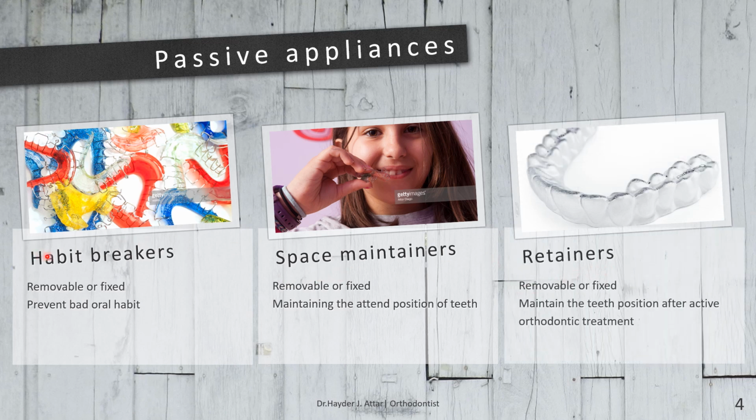The habit breakers are removable or fixed orthodontic appliances used to prevent bad oral habits such as thumb sucking, nail biting, mouth breathing. The space maintainers are also removable or fixed appliances used to maintain the position of the teeth when there is a premature loss of the primary teeth.